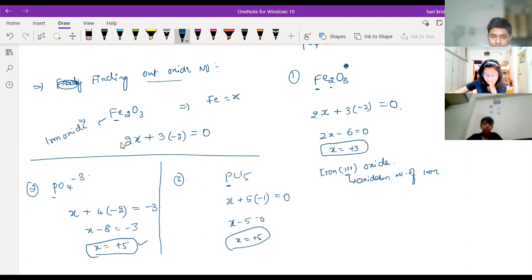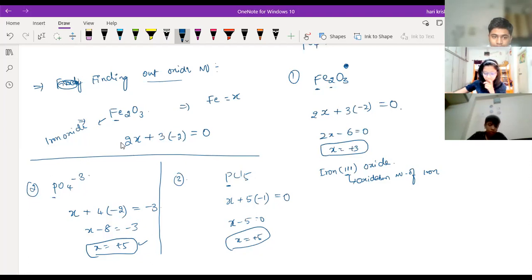If it combines, it can be 1 or 2 or 3 or 4. But combining capacity cannot be negative, right? Valency is always positive or 0. It cannot be negative.